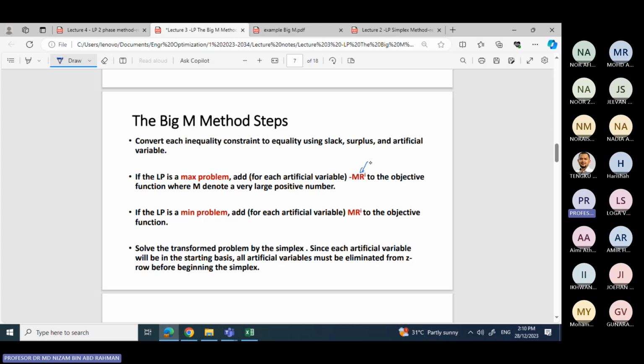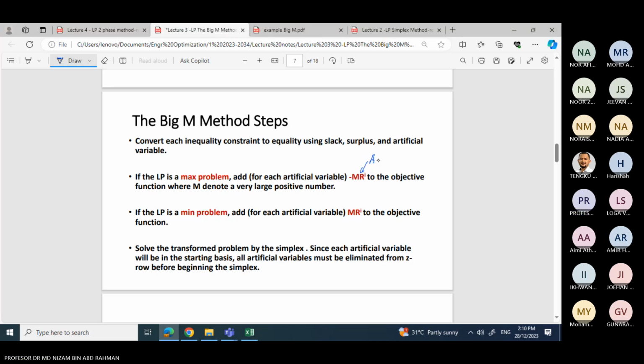In the examples before, we used a for the artificial variables. It doesn't matter whether you use r or a, as long as you define it upfront.